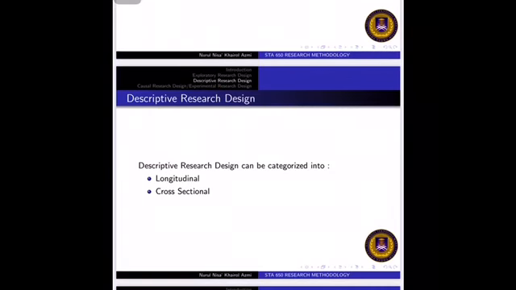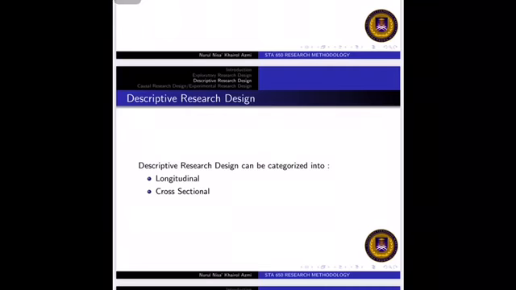So the second type of research design is the descriptive research design. As its name suggests, descriptive research describes something which could be a phenomenon, a current situation, or a characteristic of a group, organization, people, the situation, and so forth.